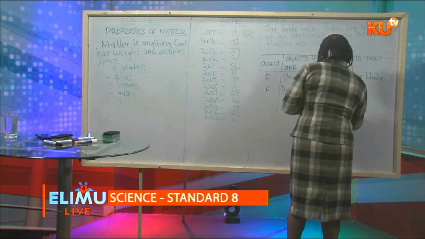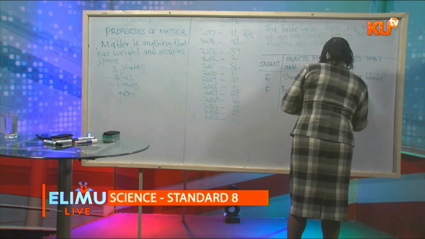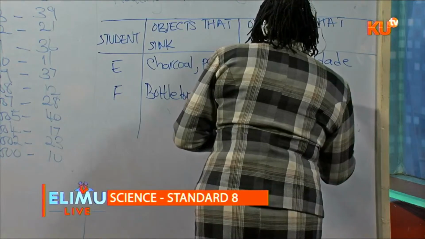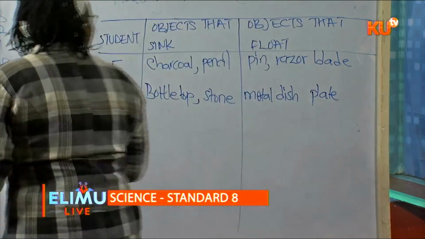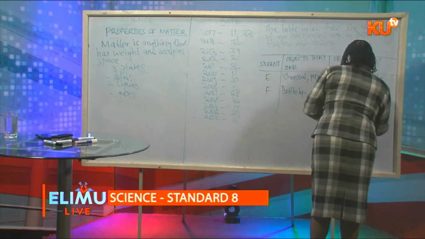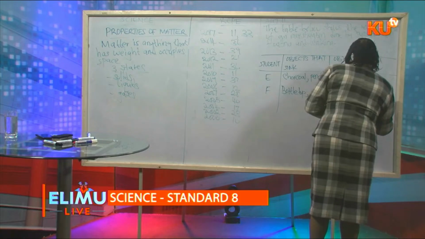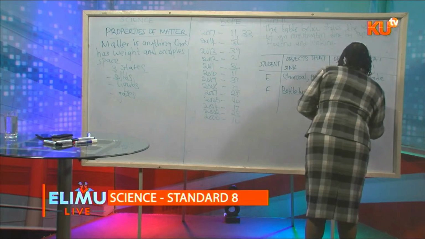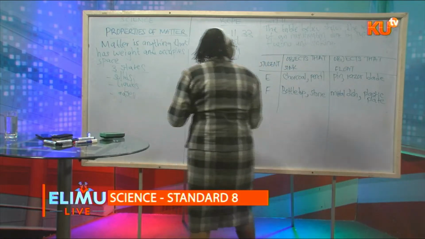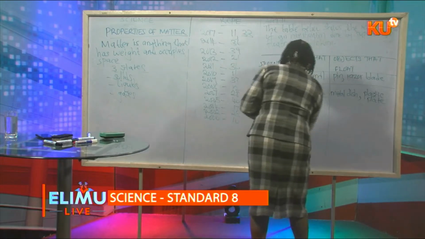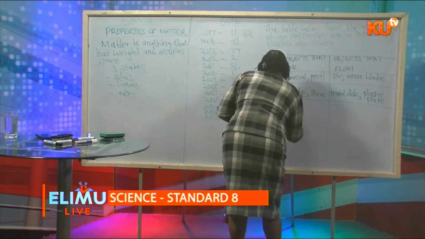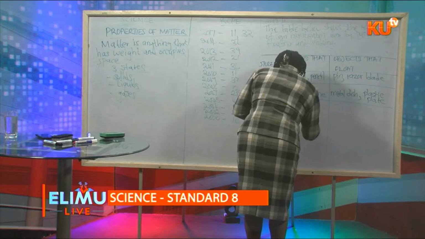Then we have a metal dish and a plastic plate. Then we have student G, a nail and a piece of glass.